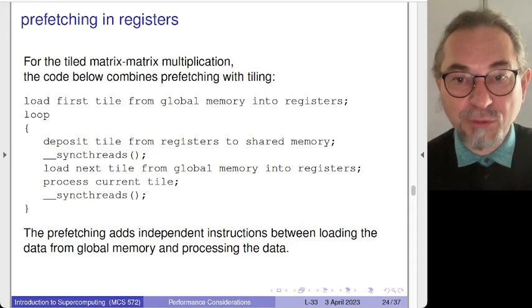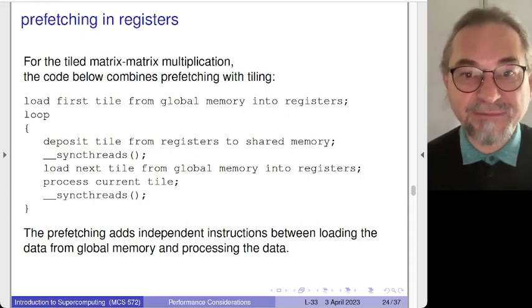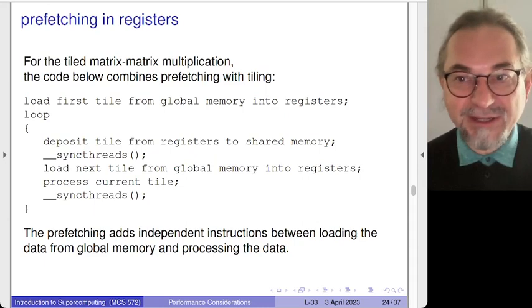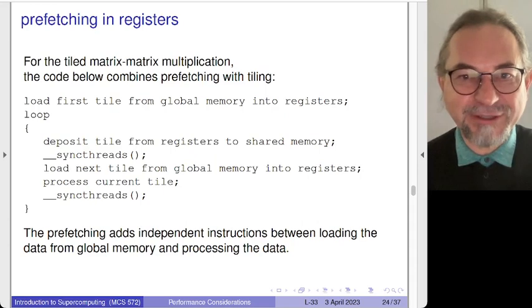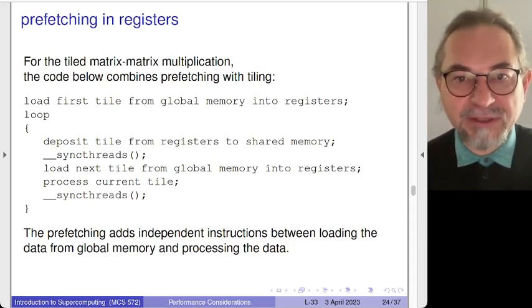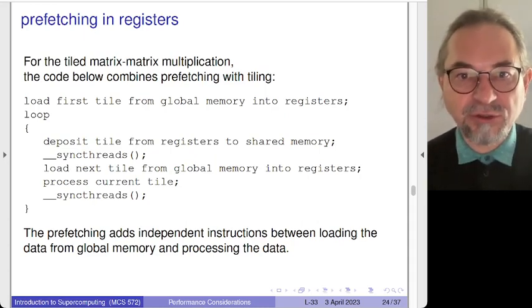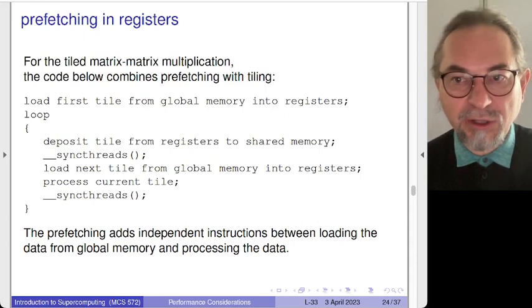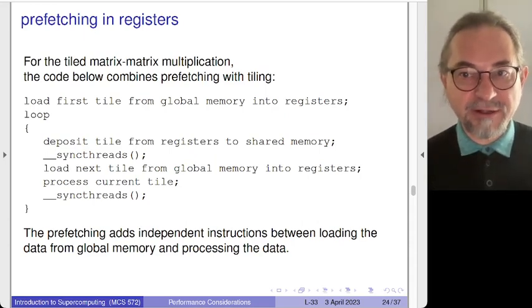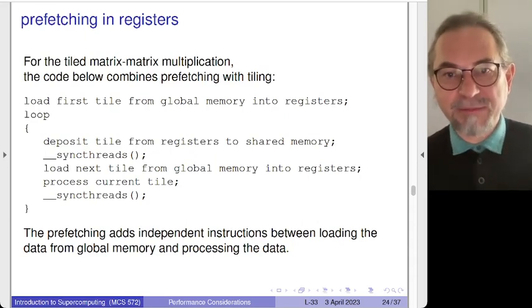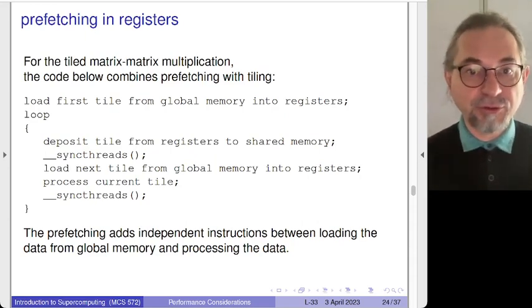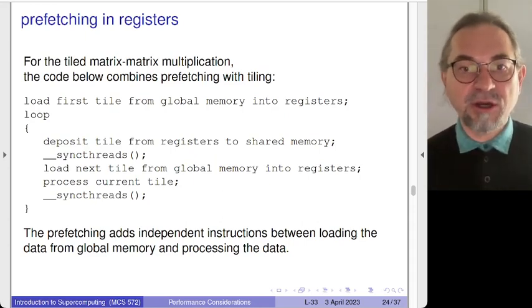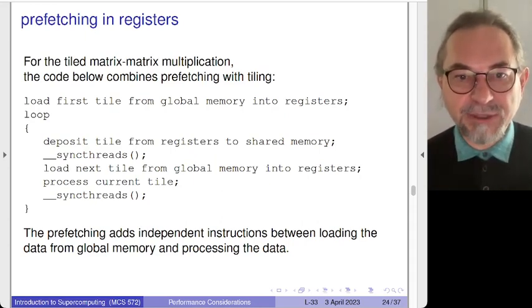We go from global memory into registers, and then from registers into shared memory. That may seem far-fetched, to use the word. But if you think about adding extra instructions so that other threads can execute while other threads are waiting, this actually makes sense. The traditional hierarchy is global memory, shared memory, registers, but you can also use registers in between global memory and shared memory.